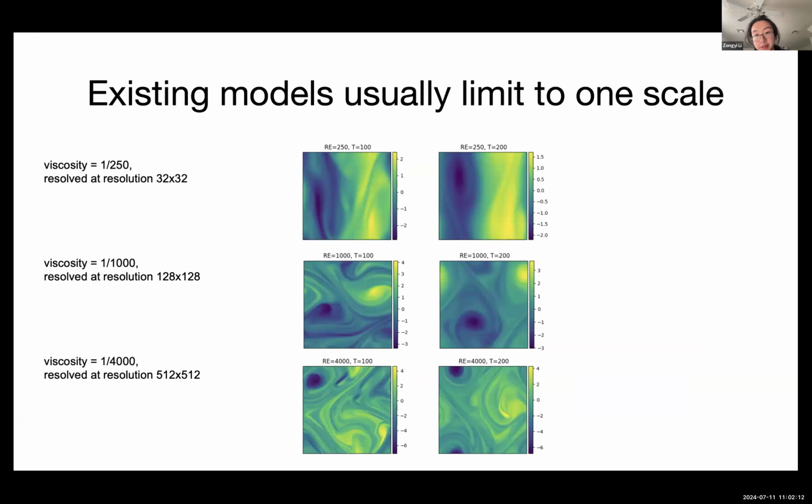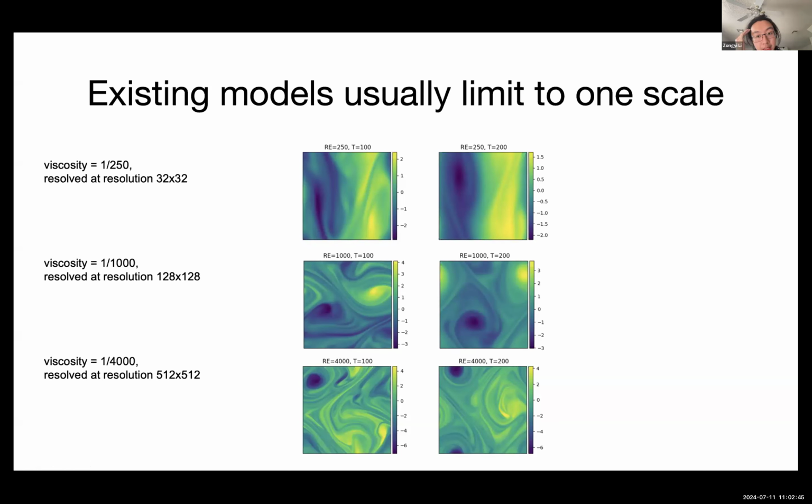In prior work, say Fourier neural operators, when we consider different domain sizes or different Reynolds numbers, the small Reynolds number data is usually given at lower resolutions, and the higher Reynolds number at higher resolutions. Traditionally, we train one supervised learning model on each dataset separately, but in that case, we are not fully utilizing the data.